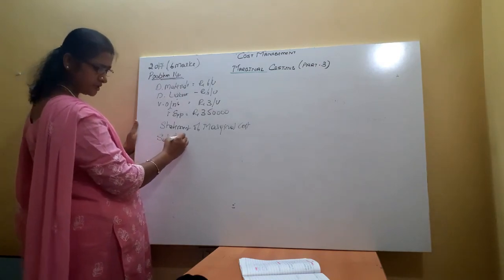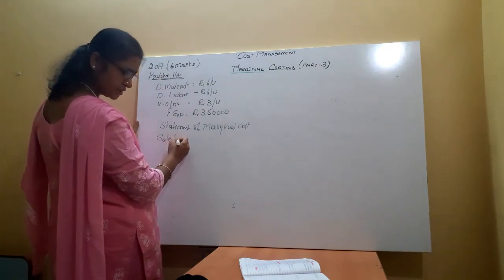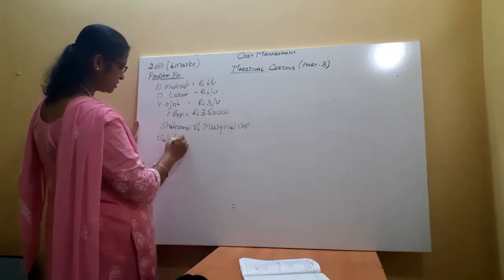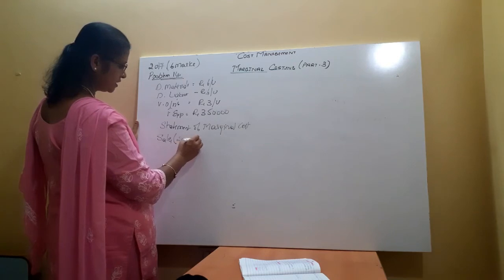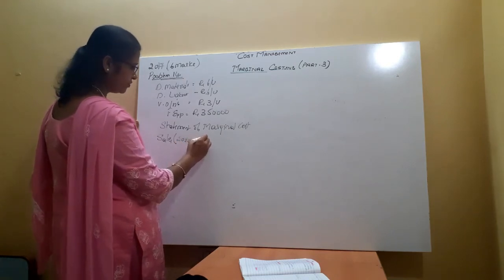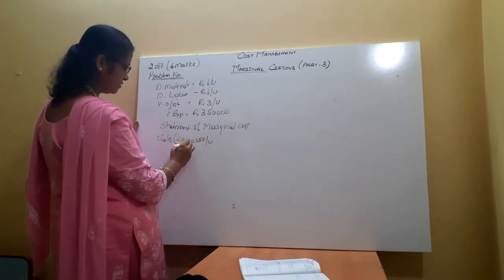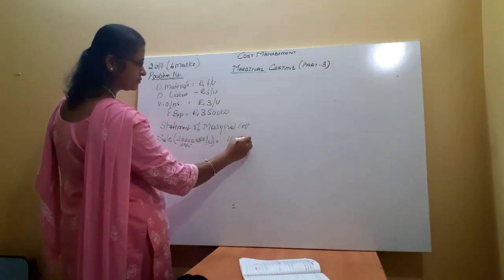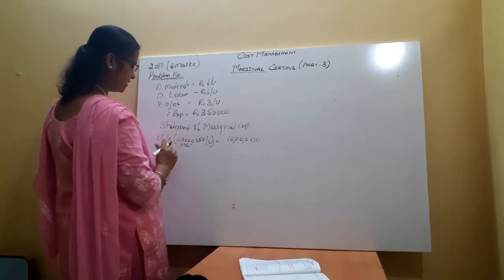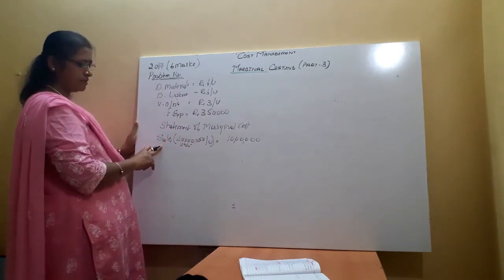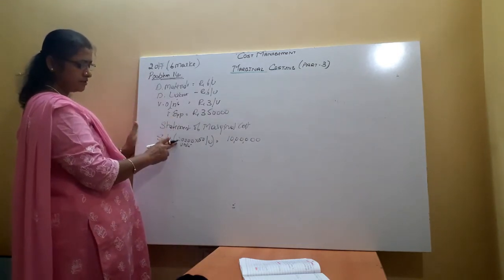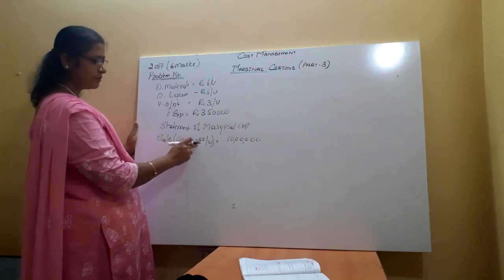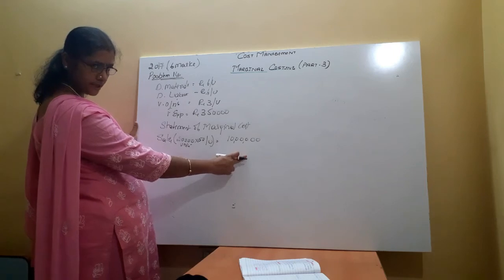The number of units during the year is 20,000 units, and the rate per unit is 50 per unit. So when you multiply, you get 10 lakhs. This is the sales, 20,000 units given in the problem multiplied by selling price per unit 50, which gives rupees 10 lakhs.